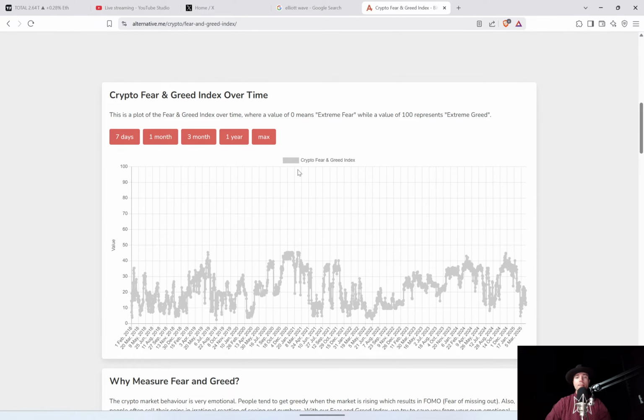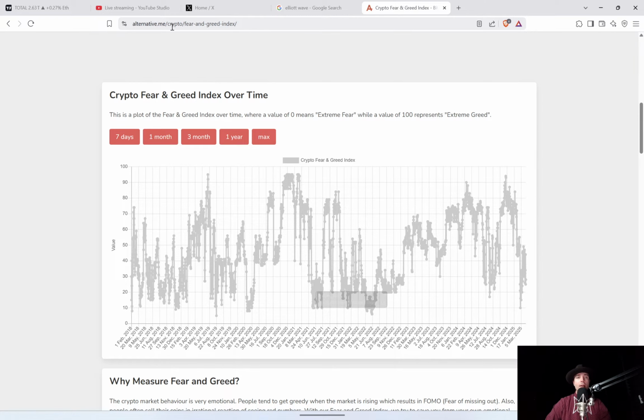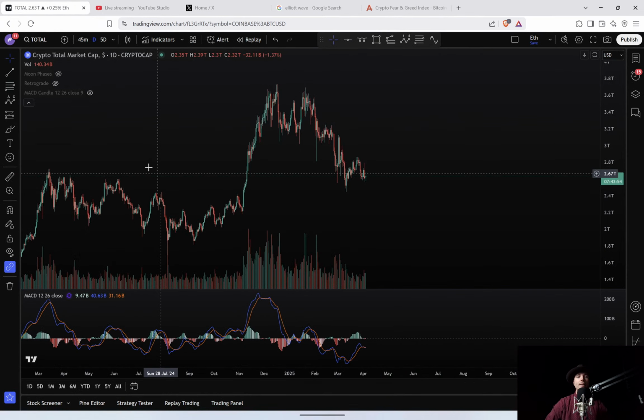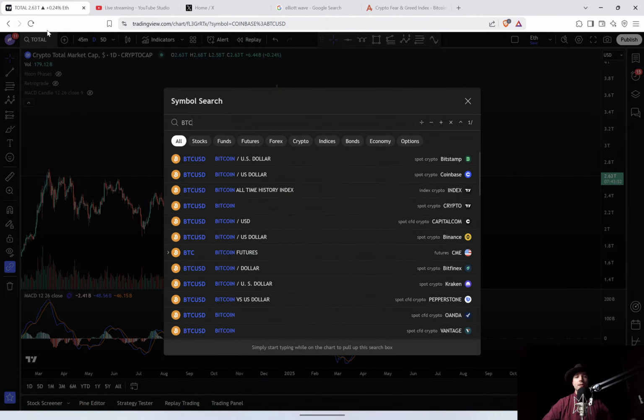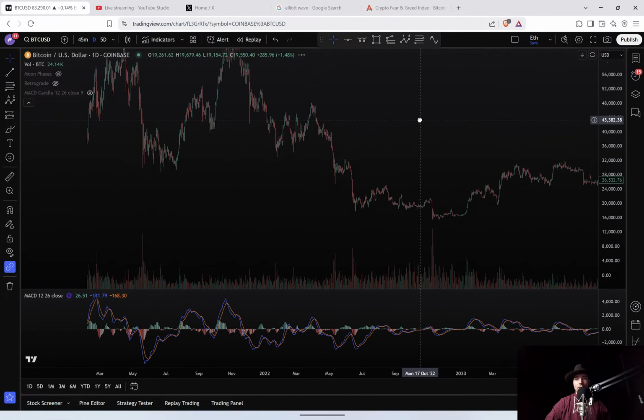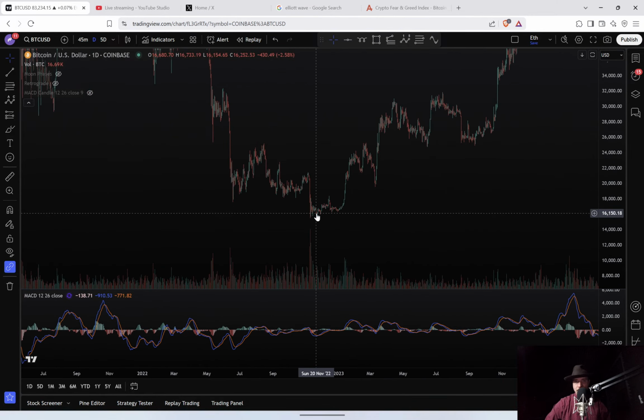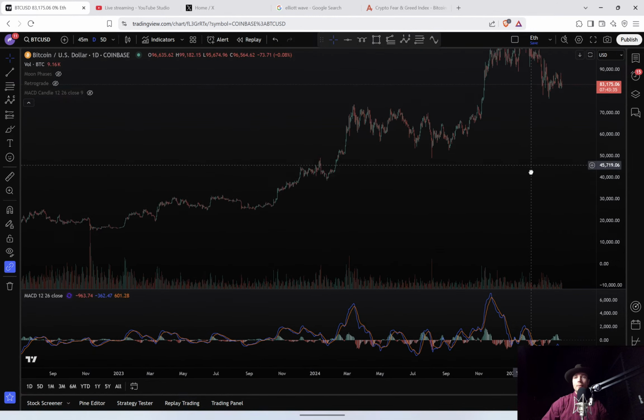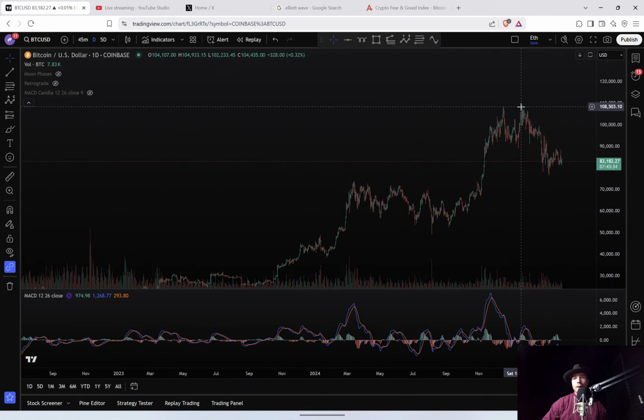Now, we haven't had this much fear in the market since Bitcoin was worth $16,000 per coin. So back over here when Bitcoin was worth $16,000, before it went all the way up to $100,000 per coin, by the way, because that's what happened after it went all the way up to $100,000 per coin.